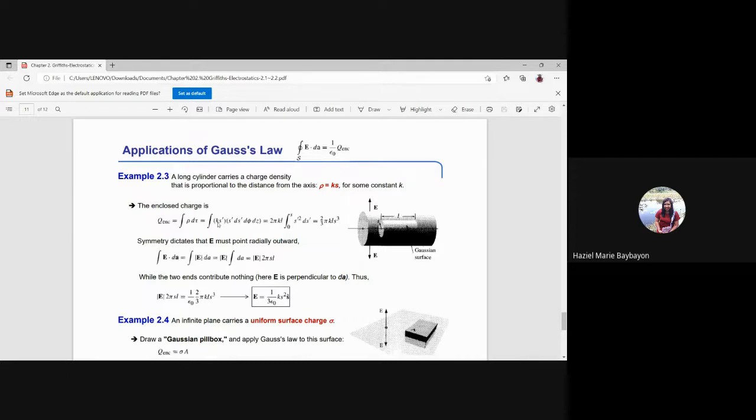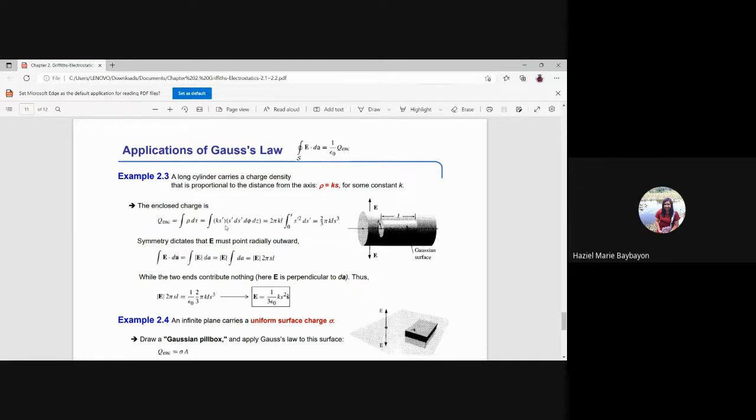Let us evaluate this. K is constant, so we can take it out of the integral sign. And then you have your d phi, the integral of d phi is equal to 2 pi. And then your dz is integrated from 0 to L, so you get L. So you now have 2 pi kL.